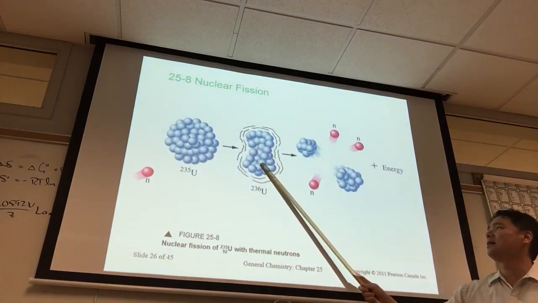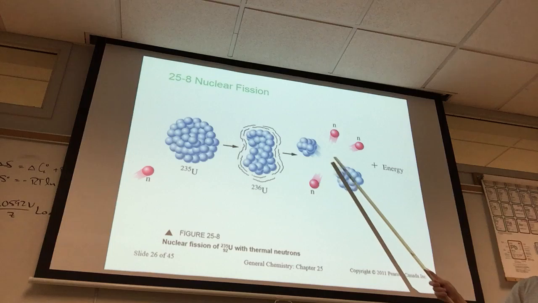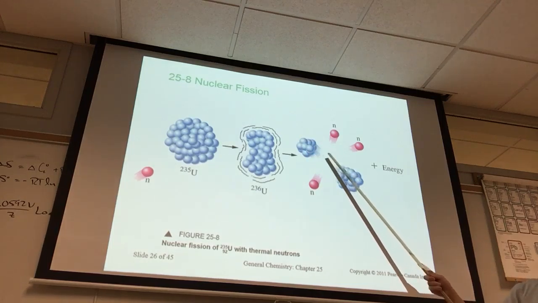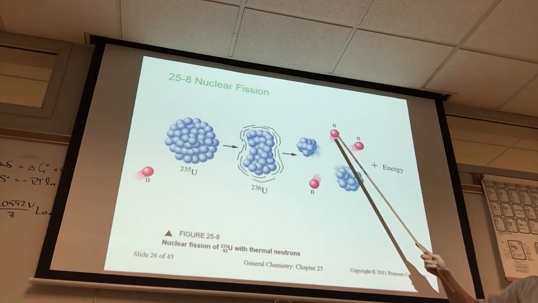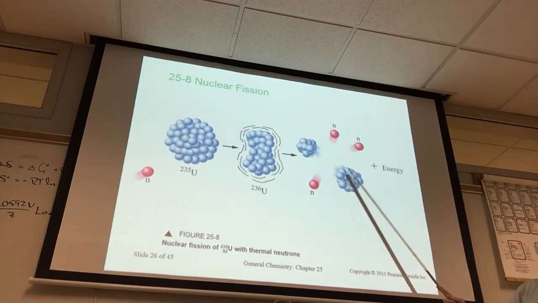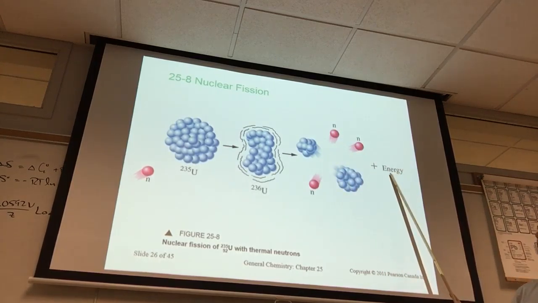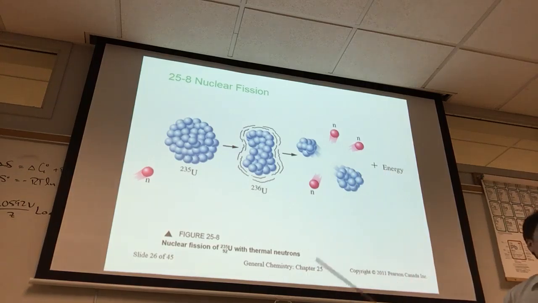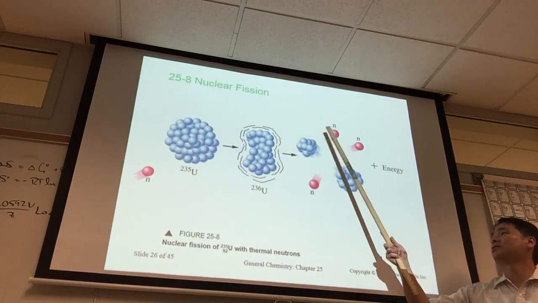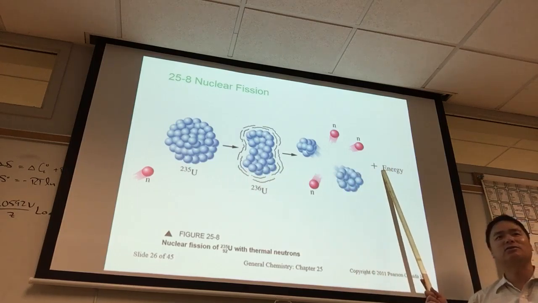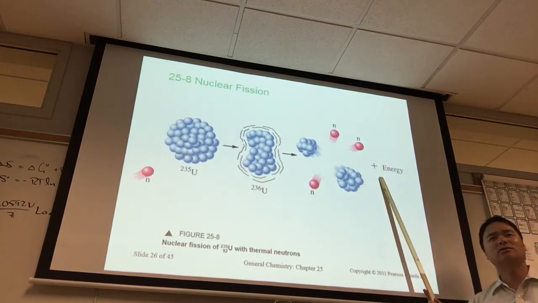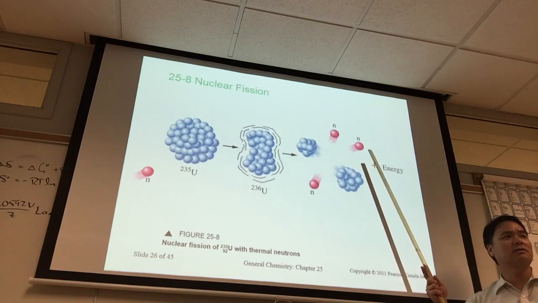The U-236 then breaks apart physically into two smaller particles here. In the process of this, it releases 3 neutrons and some energy. The 3 neutrons that are released can in turn collide with 3 more U-235s and generate 9 neutrons. And those 9 neutrons would generate 27 neutrons, and so on.